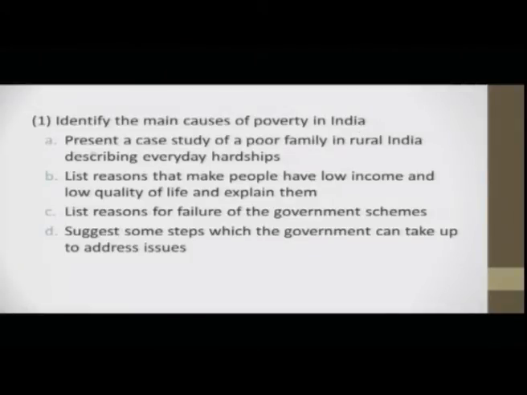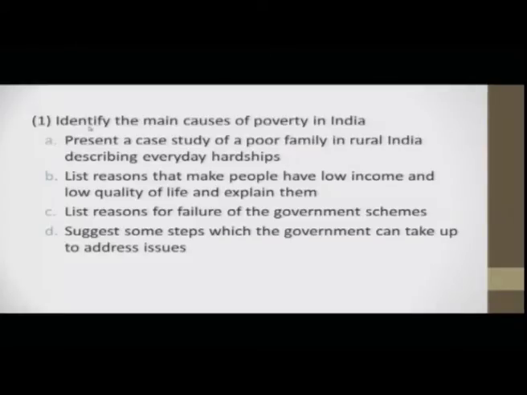Here, would you present a case study of a poor family in rural India describing everyday hardships, or list reasons that make people have low income and low quality of life and explain them? The third is list reasons for failure of the government schemes, and suggest some steps which the government can take up to address issues. The key word here is identify.